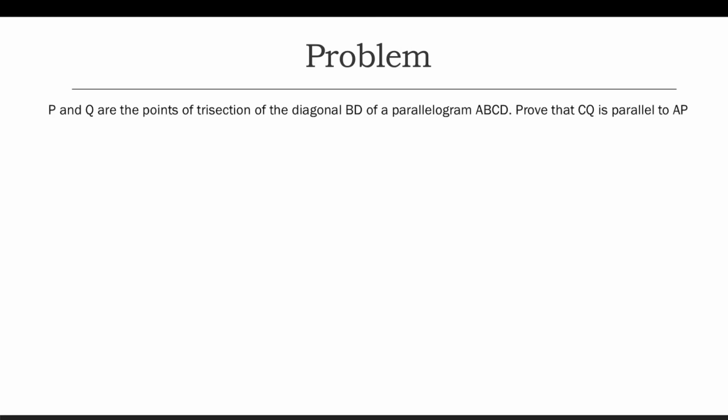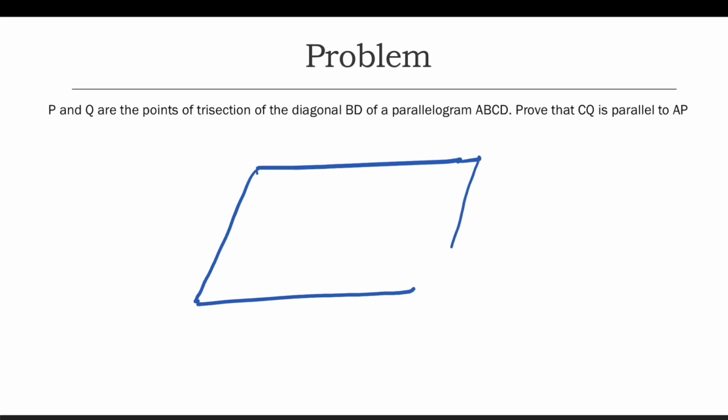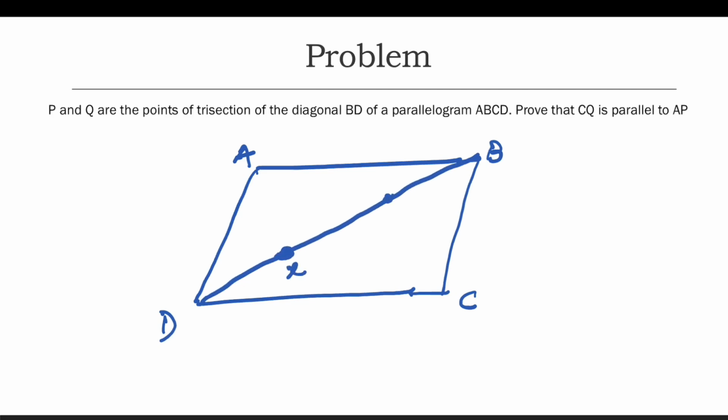So from here, if I look at, I've got a parallelogram ABCD. This was the diagonal. This was X. Whether this is P, this is Q, AP, CQ. Okay.